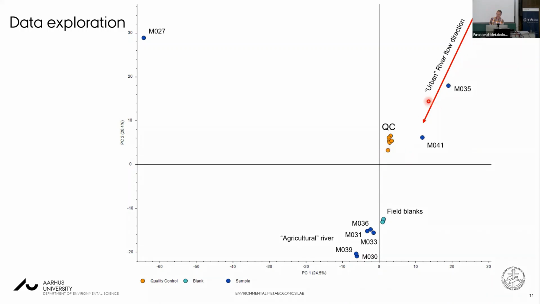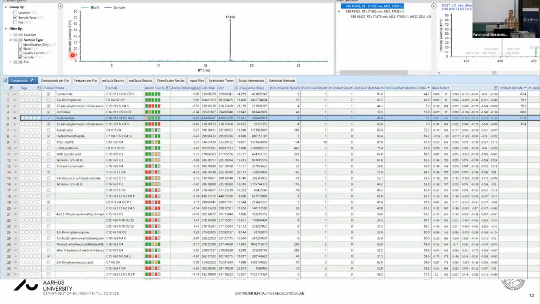There are some samples here and other samples in another cluster. There are some field blanks also, and a large sample out here. And now we want to identify, now we are using the different spectral libraries, and we want to find out which compounds it is. And after we have done that, we are pulling out only all the IDs.